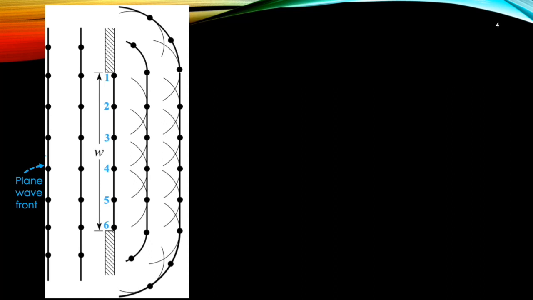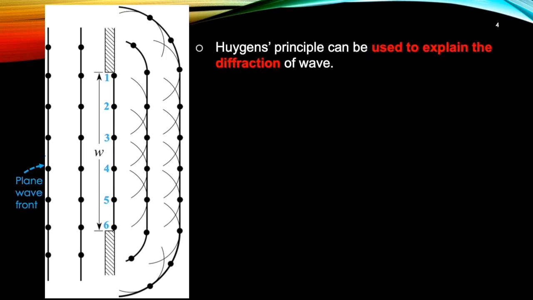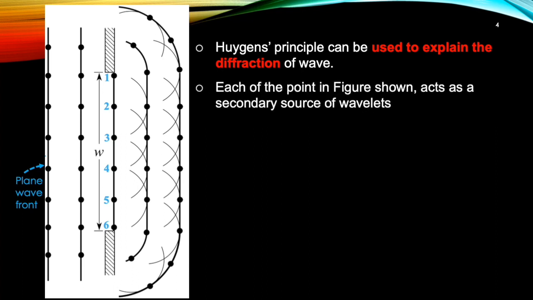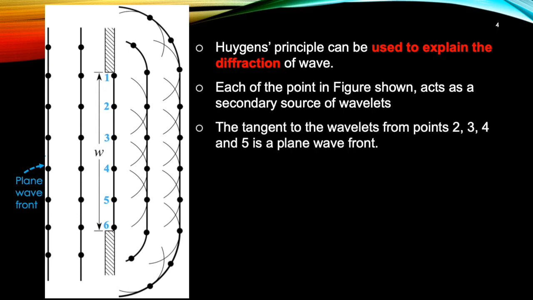Suppose we have a plane wavefront traveling with a certain velocity and hitting an obstacle with an opening of width W. Assume the opening is much smaller than the wavelength of the wave itself. Here, Huygens principle can be used to explain the diffraction of waves. Each of the points in the figure acts as a secondary source of wavelets. As you can see, the tangent to the wavelets from points 2, 3, 4 and 5 is a plane wavefront.